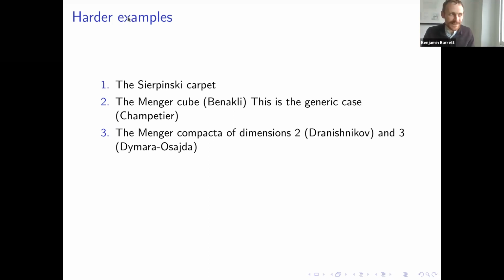You can then start asking questions about richer structure, like metric structure, and it turns out that I think they don't all have to have equivalent metrics. But up to homeomorphism, they really do almost all have the same boundary. Okay.